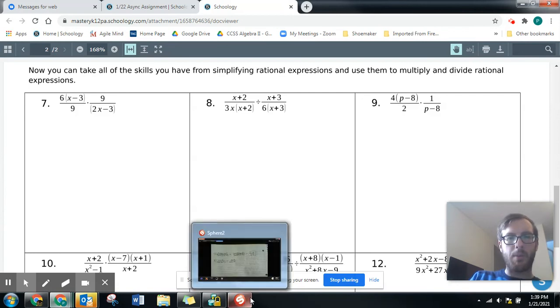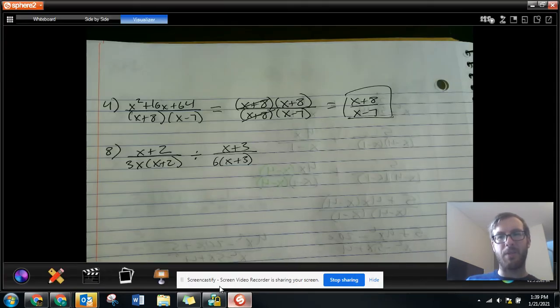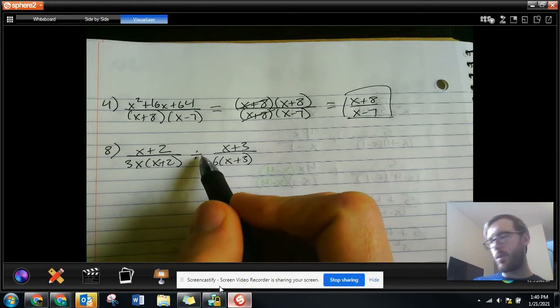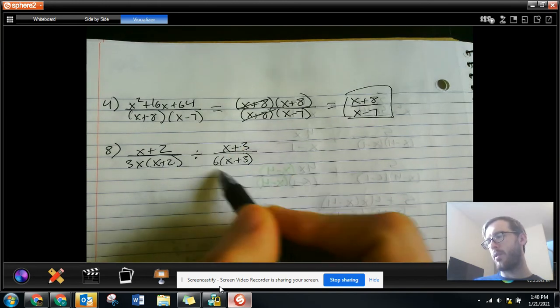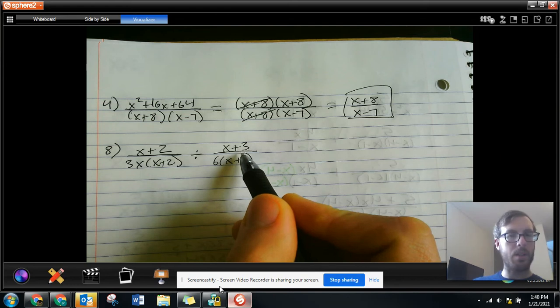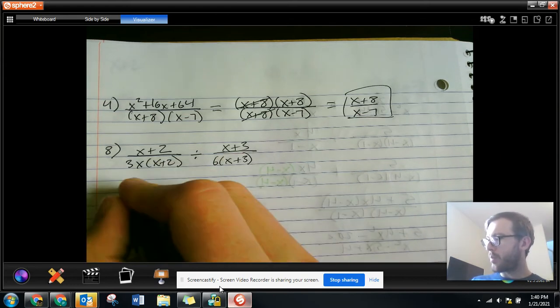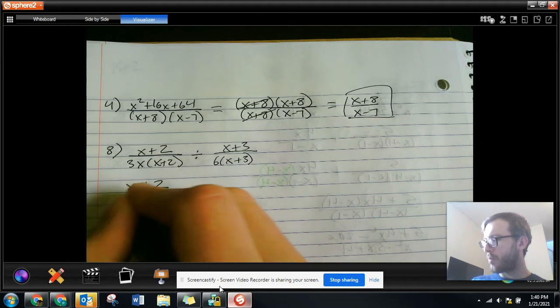Some of you may be noticing, hey, maybe I can eliminate stuff already, and that's definitely true. But remember that when we're dividing, the first thing we should do is to flip that second fraction. If you're dividing by a fraction, it means the same thing as multiplying by its reciprocal. So really the problem that we're solving is a multiplication problem.